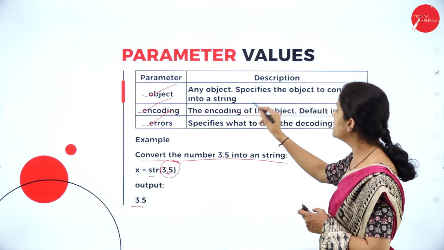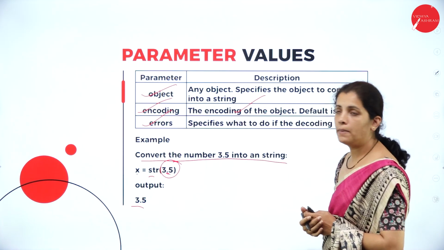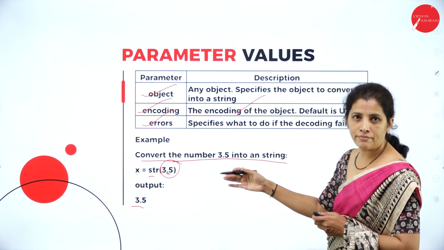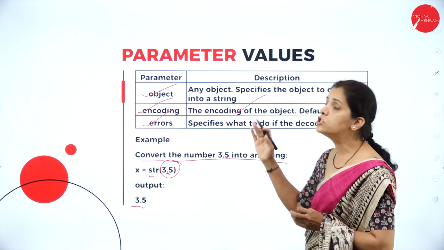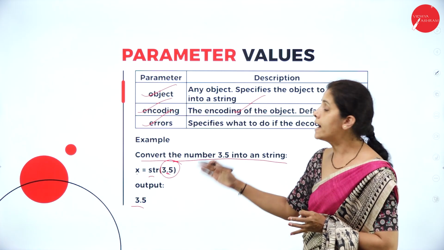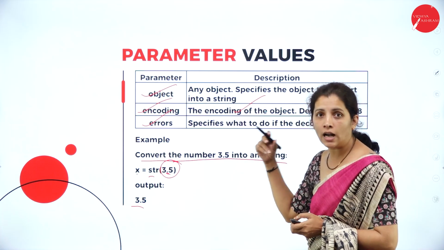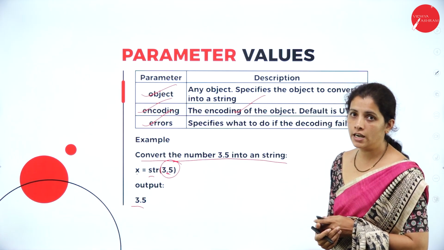Along with that, I can even define the encoding mechanism, and I can specify the error. In the sense that, when an error occurs, if it's not possible to convert, then the error is going to be generated.